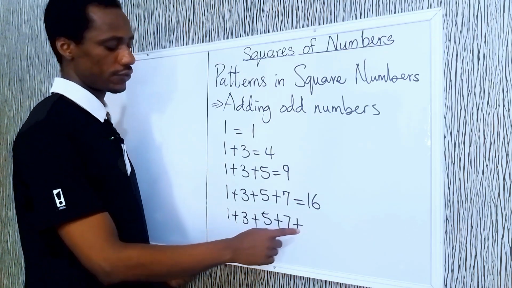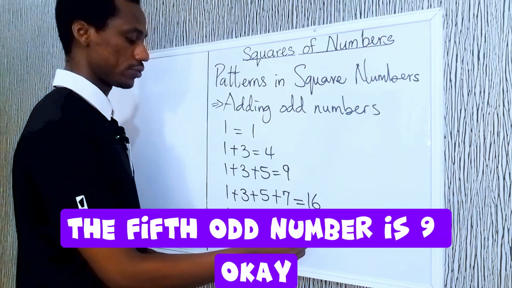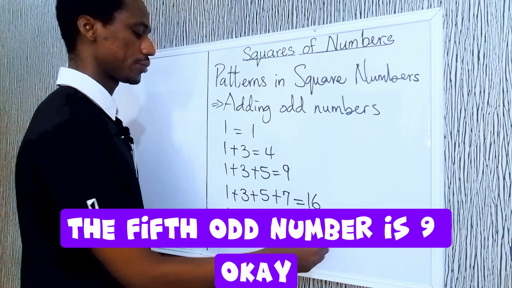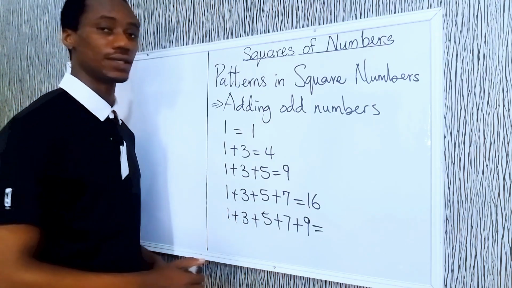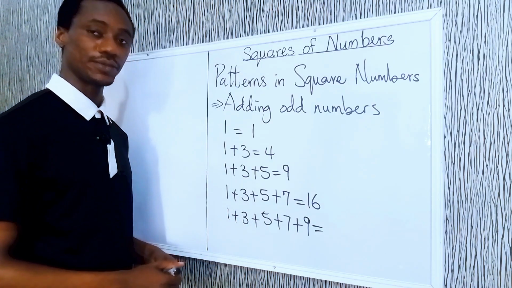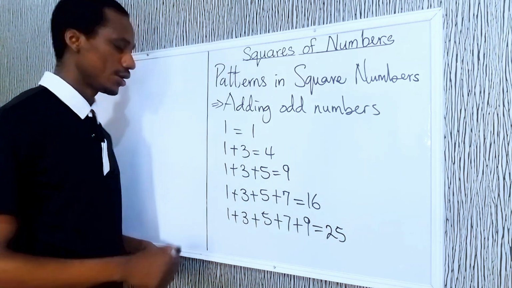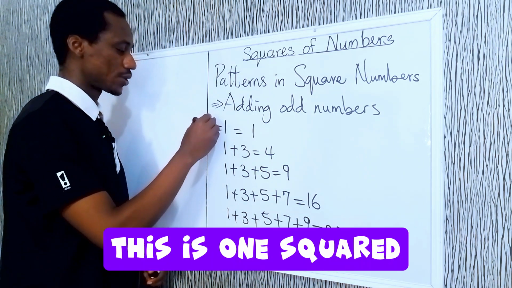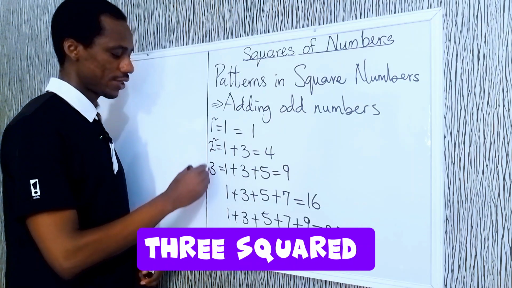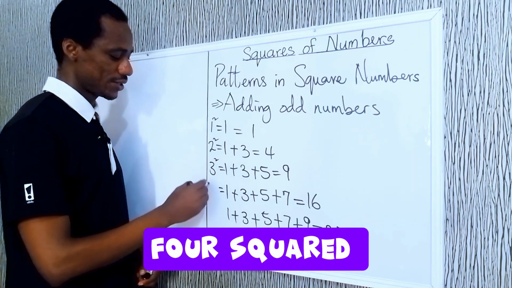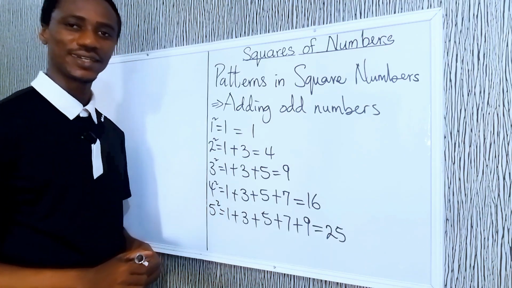What's the fifth consecutive odd number? The fifth odd number is 9. So 1 plus 3 is 4, plus 5 is 9, 9 plus 7 is 16, 16 plus 9 is 25. So can you see that this is 1 squared, 2 squared, 3 squared, 4 squared, 5 squared?